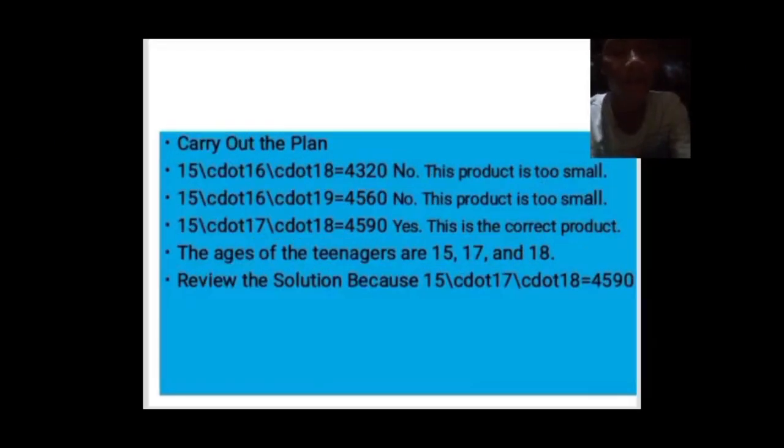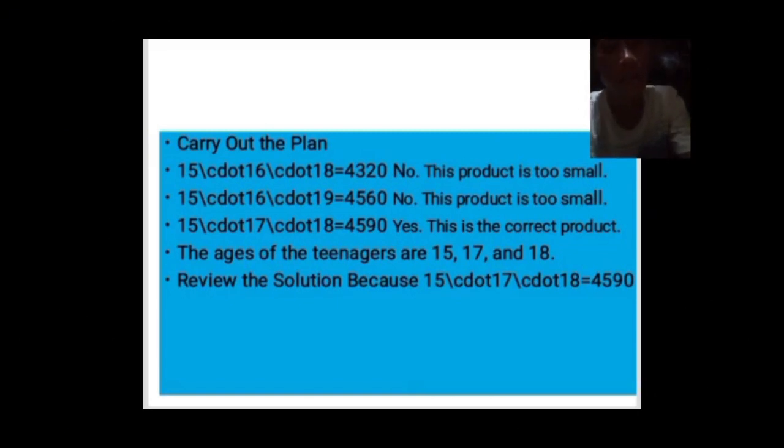Step three, carry out the plan. 15 times 16 times 18 equals 4320. Notice the product is too small. Next, 15 times 16 times 19 equals 4560.